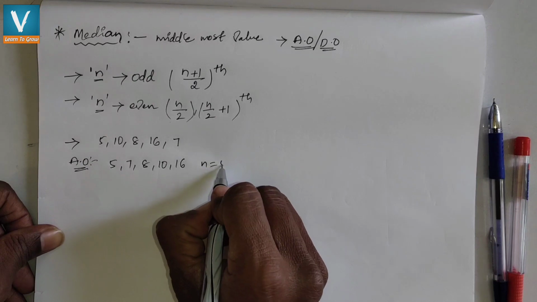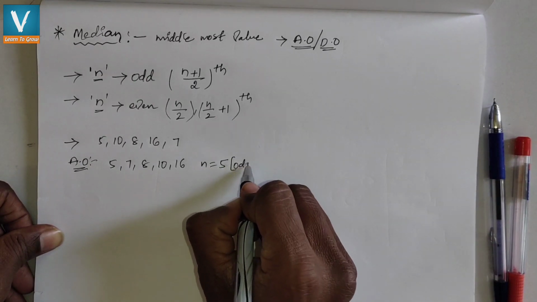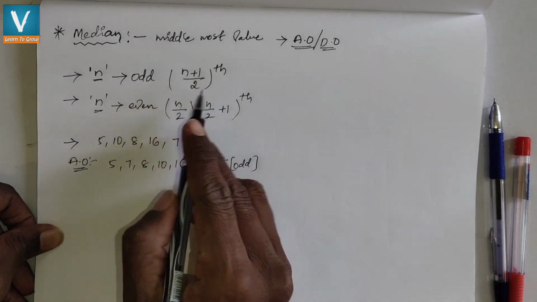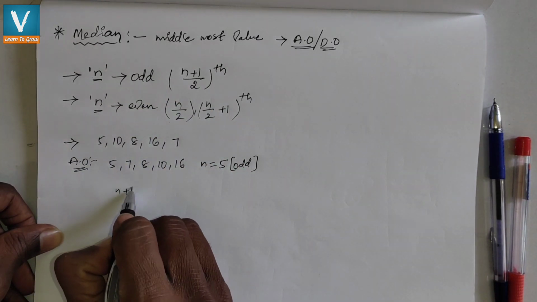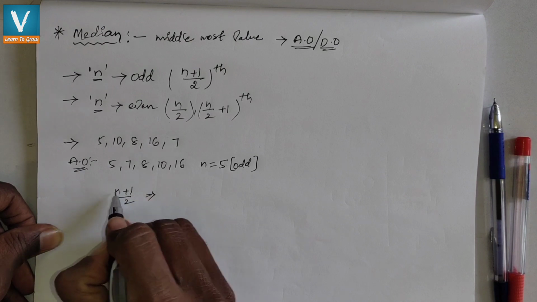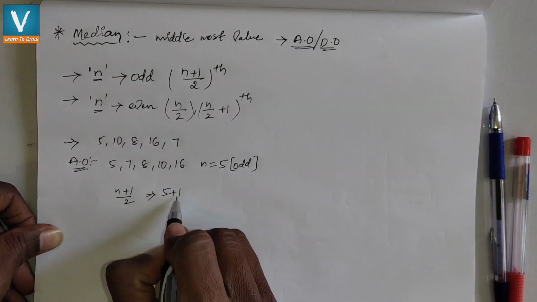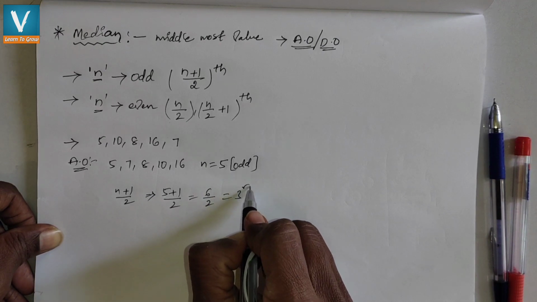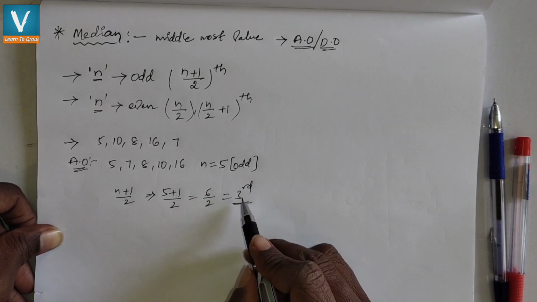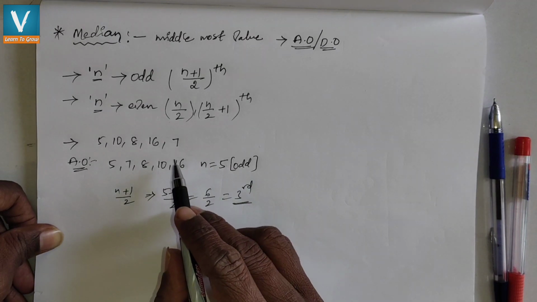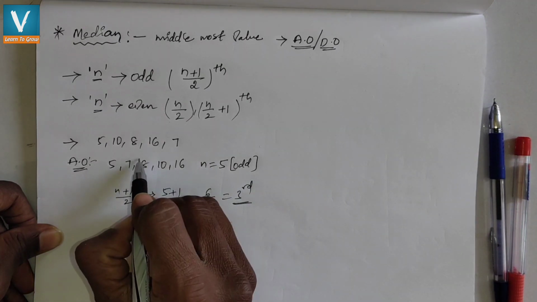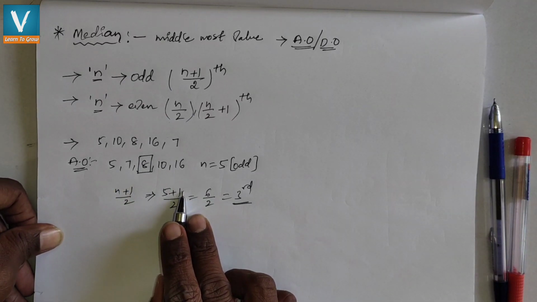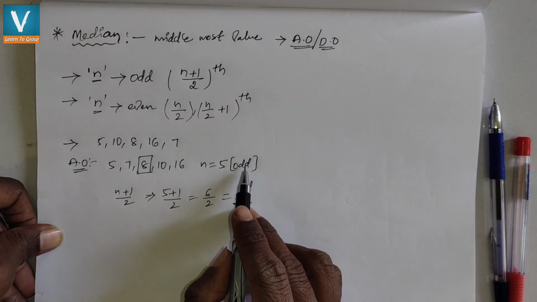The number of observations is 5, an odd number. So the formula is (n plus 1) by 2. Here n is 5, so (5 plus 1) by 2, that is 6 by 2, which is 3. So the third observation is the median of the data. Counting 1, 2, 3, 8 is the median of the given data. So this is about the odd case.